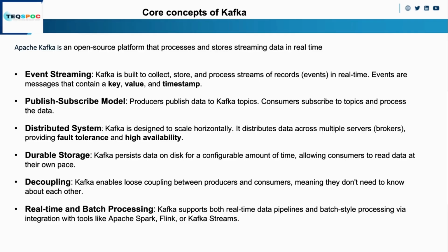The third point is the distributed system. Kafka is designed to scale horizontally. It distributes data across multiple servers, which are also known as brokers, providing fault tolerance and high availability. Since Kafka is part of the big data ecosystem, even though it is not necessarily run in a data lake, it can run on your local machine, in any cloud service, or in Docker containers.